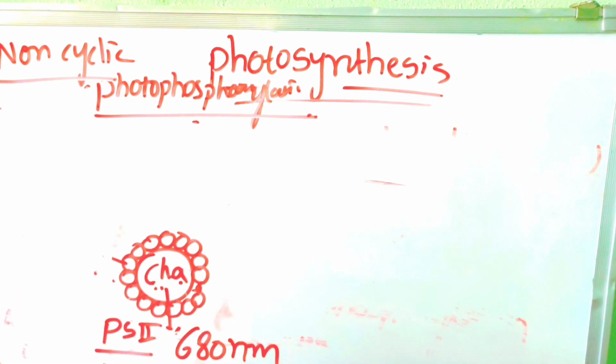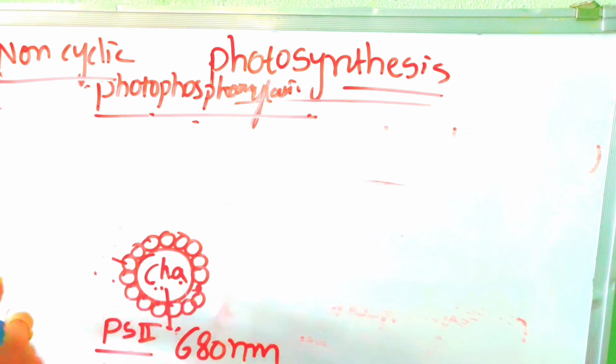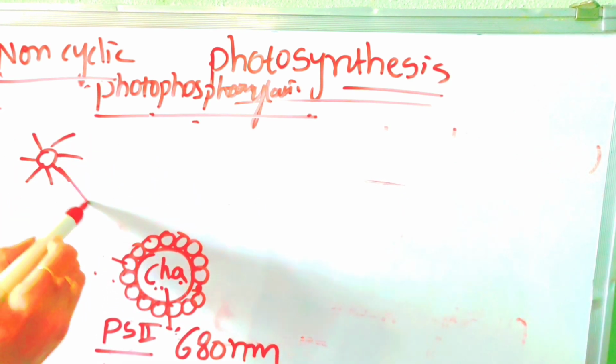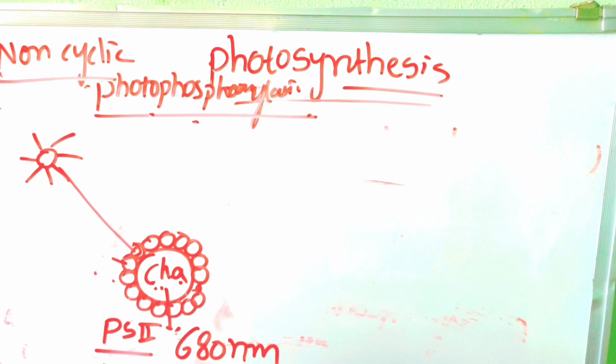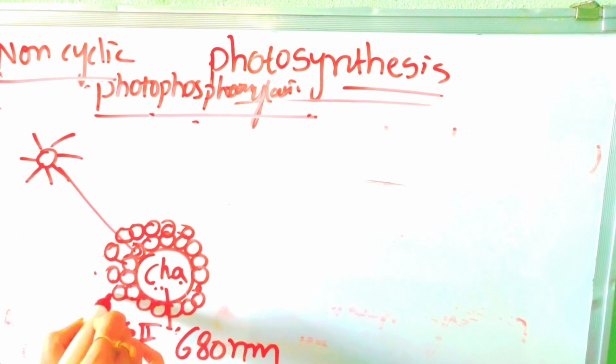Coming to the process of non-cyclic photophosphorylation. The process starts with sunlight. Sunlight falls on the reaction center, chlorophyll A, and the surrounding pigments called accessory pigments. These pigments absorb sunlight.